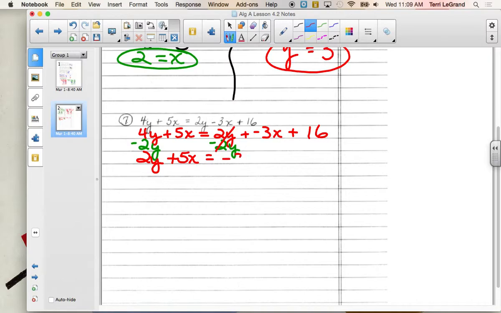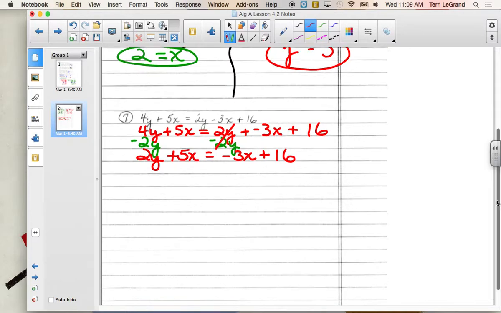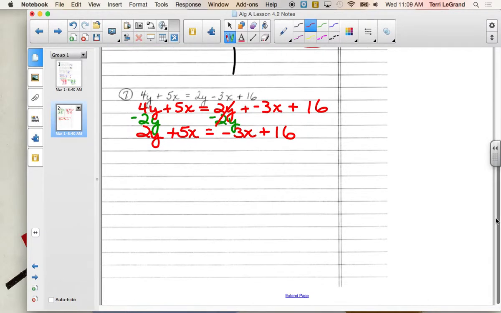And now we have a negative 3x plus 16. Now we'll add 3x to both sides because a negative 3x is being added. So we add the opposite of that, which is 3x. We add 3x to both sides, and we line them up in the places where they can actually be added. And now we have that 2y comes down plus what? 8x. 5x plus 3x is 8x. These cancel, and we just have a 16.